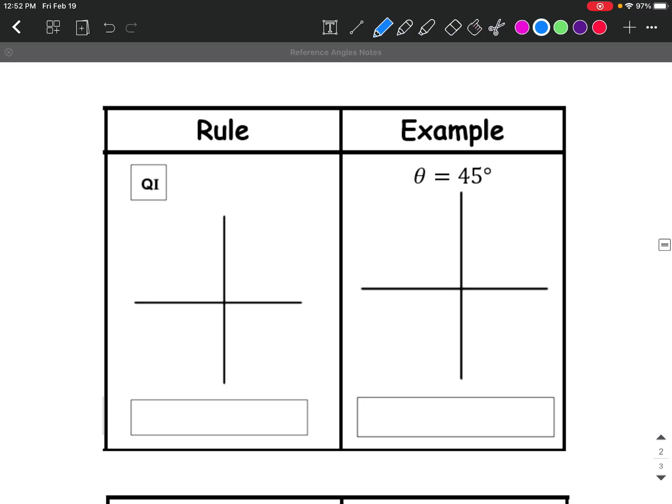Let's suppose we have an angle in standard position, so it starts here, and it's in the first quadrant. Now the quickest way to get to the x-axis is here. There's our reference angle. It turns out that when you're in the first quadrant, the angle is its own reference angle.